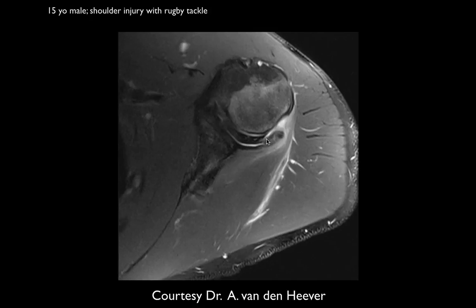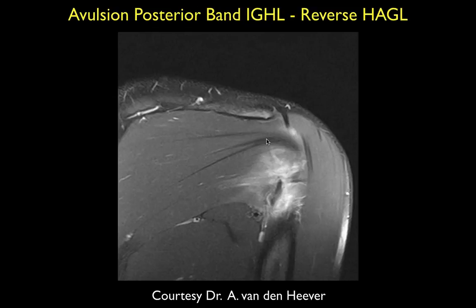So this is an avulsive tear of the posterior band of the inferior glenohumeral ligament. It's also called the reverse HAGL lesion, humeral avulsion of the glenohumeral ligament. Reverse means it's coming off the humerus and it's posterior.